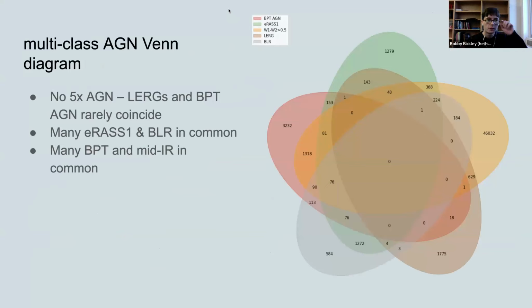We got feedback that the original WISE survey data products are more likely to have blended colors in galaxy pairs. If you have a close galaxy pair, there's a greater chance of the photometry from two sources being blended into one. So we're using unWISE now, and the results are forthcoming, but the trends are holding up, broadly speaking.